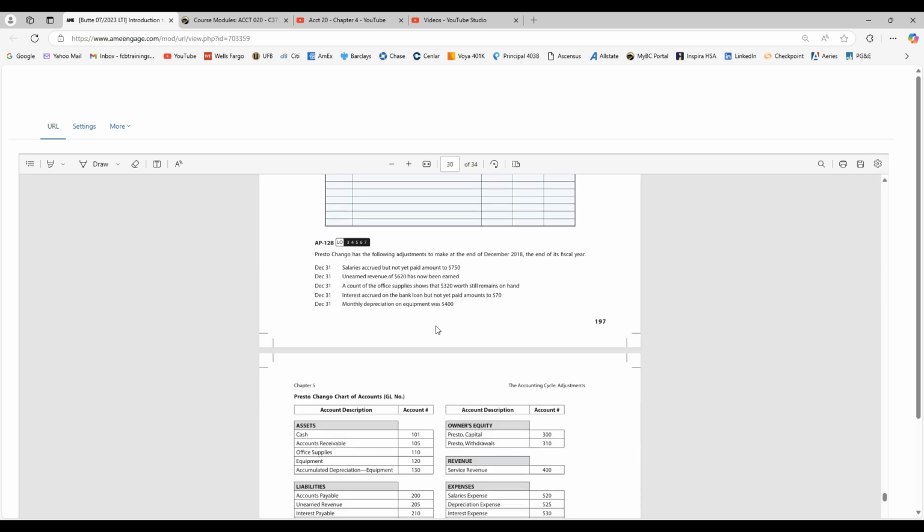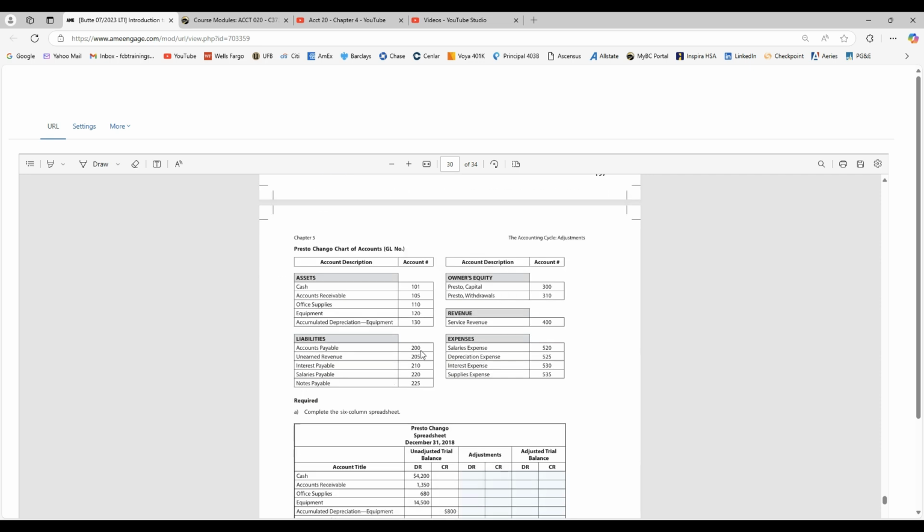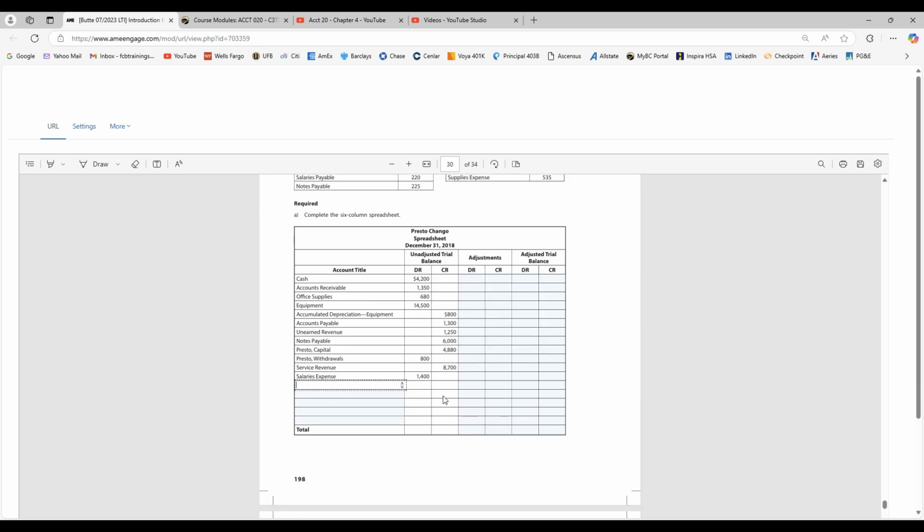I've got them pulled up also on my second monitor, so I don't have to scroll up and down quite as much. So let me scroll down to the input section.